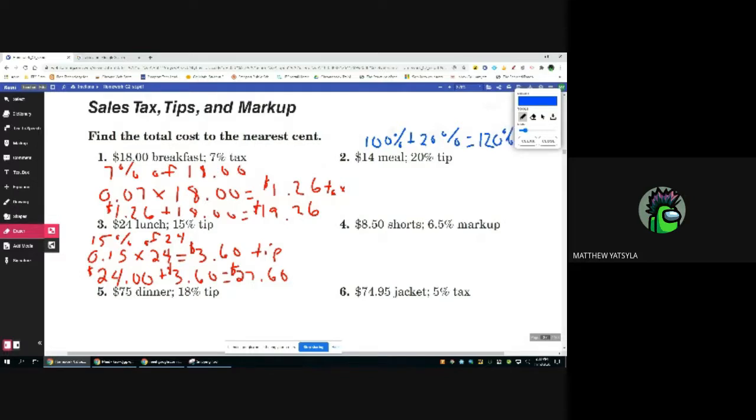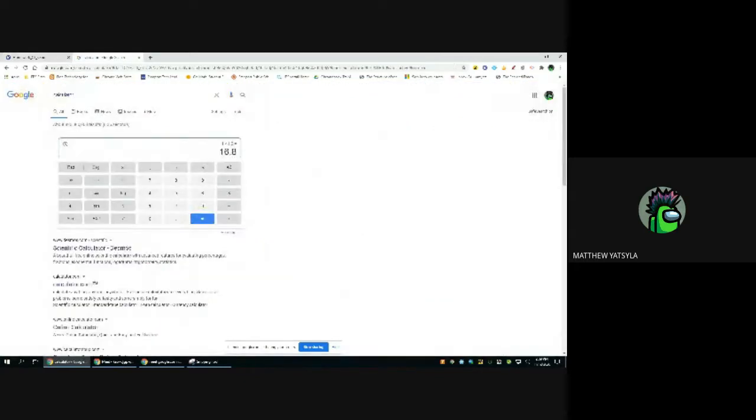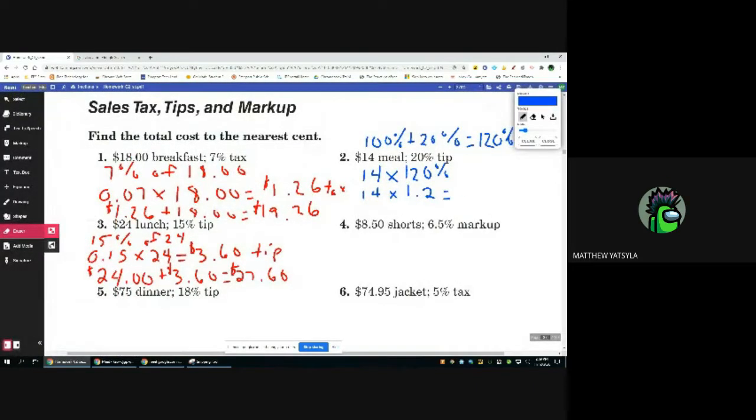So in this case, I would take 14 times the 120%, which would get me 14 times 1.2. Let's take our calculator out. 14 times 1.2. We win with $16.80. So again, even though it does say 16.8, remember we're dealing with money, so $16.80.